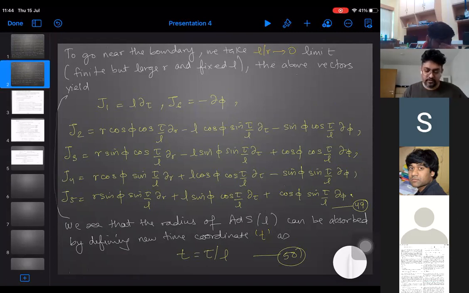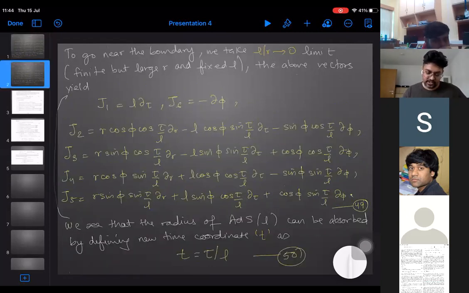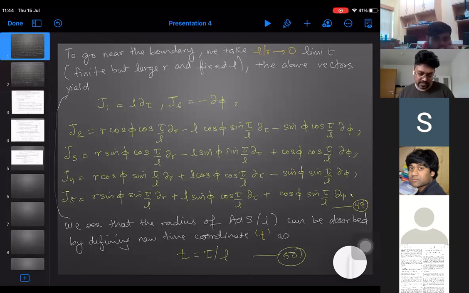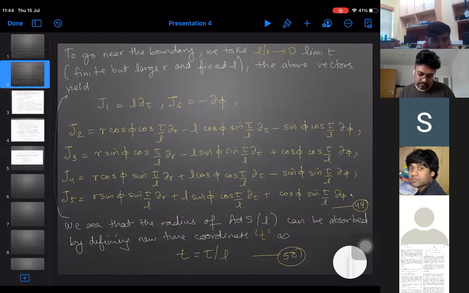Your J01 and J23 are untouched, but all other changes. So let's take an example. Everyone sees this, or should I? It's fine.